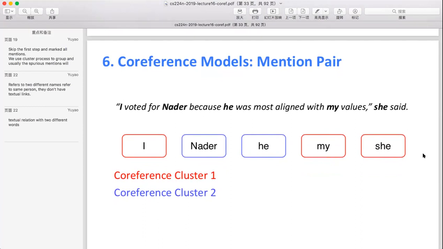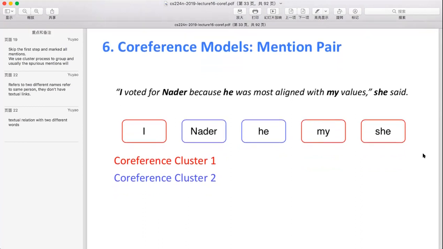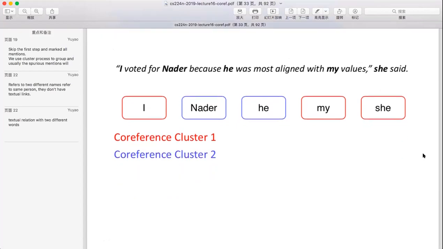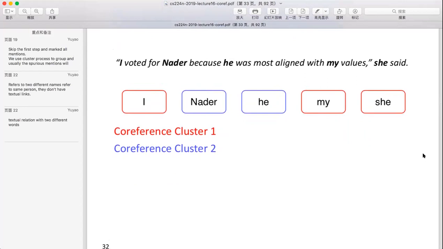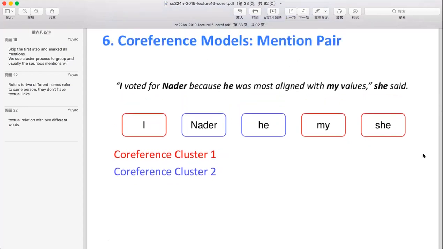"I," "my," "she" are another cluster. So we identify this whole sentence as two clusters. This is a result of this mention pair system, and from this we see it is quite accurate. It's good. Let me explain the detailed steps of this mention pair model, how we build it.